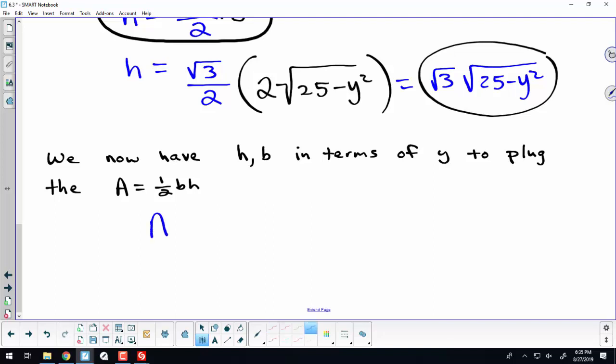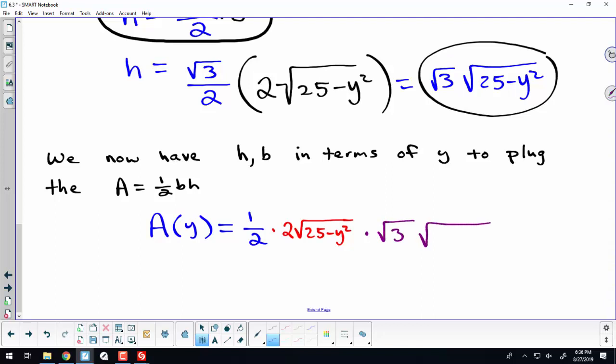So then our area function, remember it's a function of y, so we'll say that our area function of y is 1/2 the base, which was, I'll do these in different colors, the base 2 times root 25 minus y squared, times the height, which we said was root 3 times root 25 minus y squared.